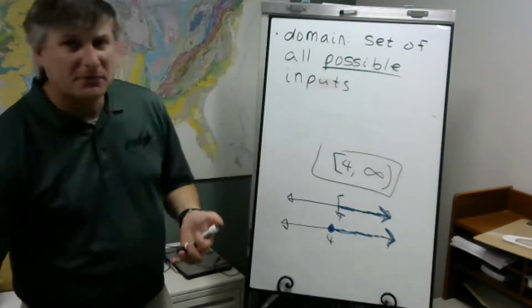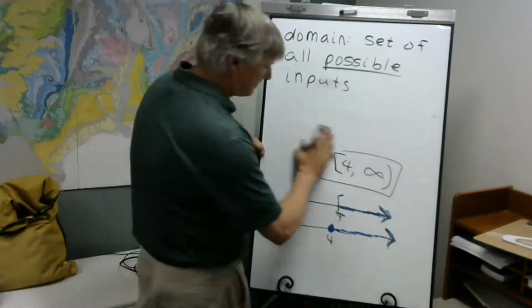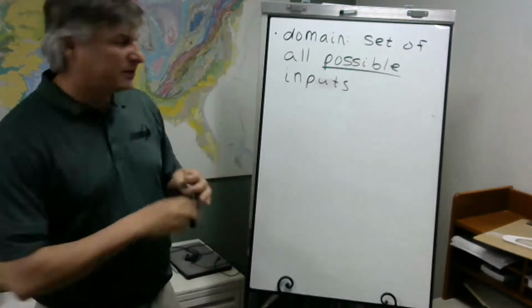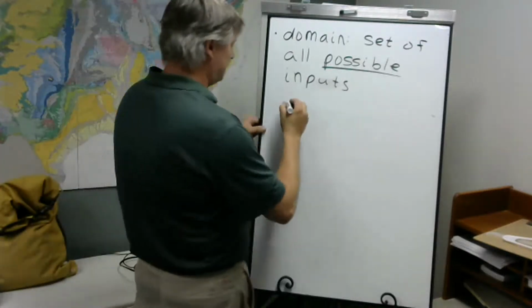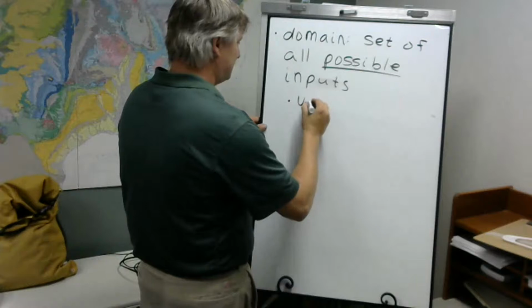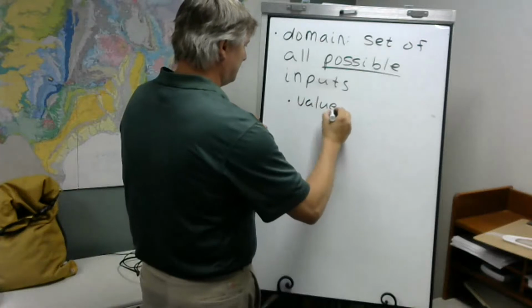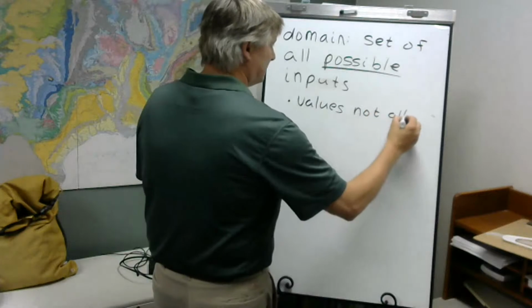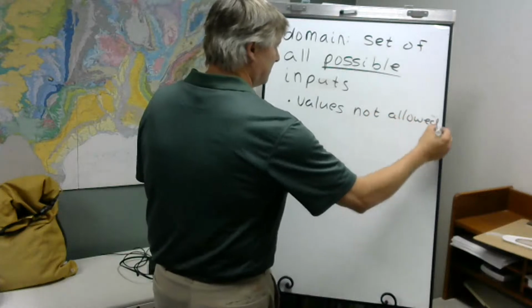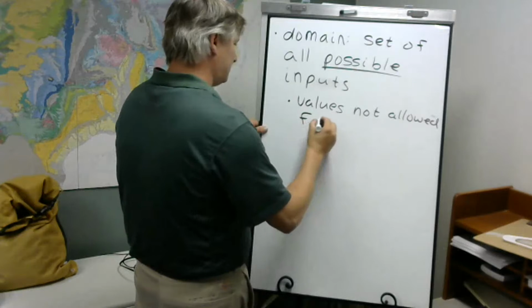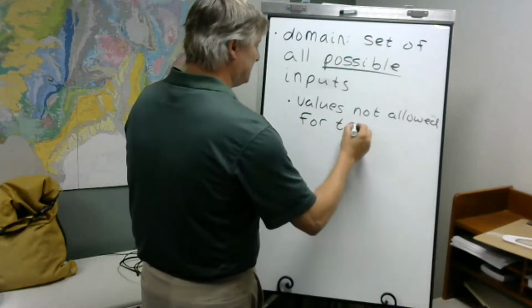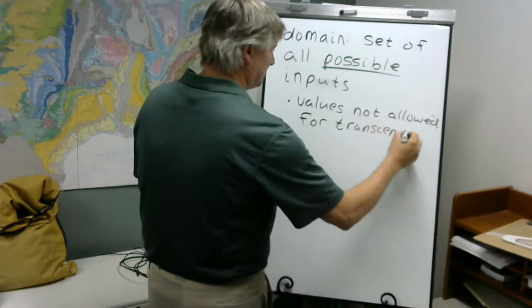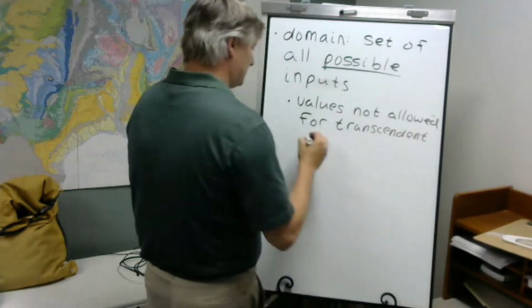So the other things that can come up for domain, and we're not going to really deal with these, not for a little bit, are values not allowed for transcendent functions.